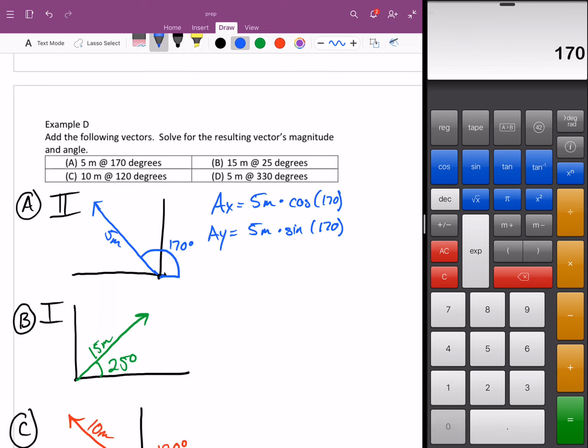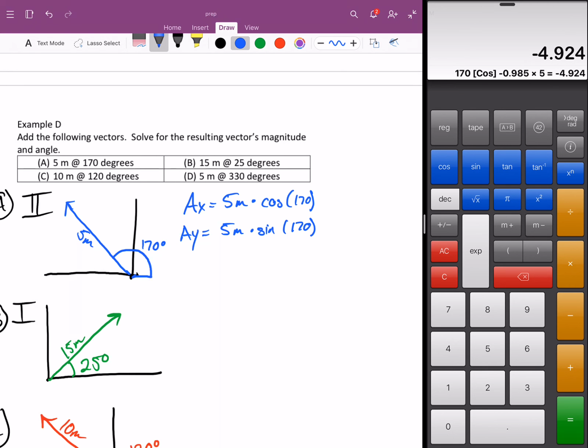Calculate 170 cosine times 5 meters, you have negative 4.9. Now for AY, 170 sine times 5 meters, you have positive 0.9. And of course, both of these are meters.